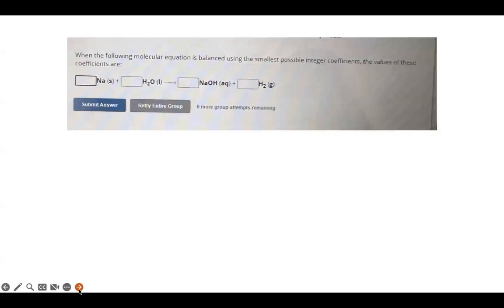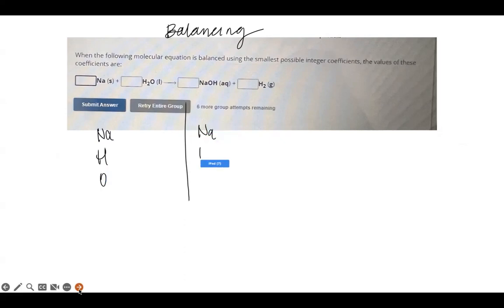All right, here we are balancing. The first thing I like to do when I balance an equation is list the elements I have on each side, in the same order, and then get an initial count.